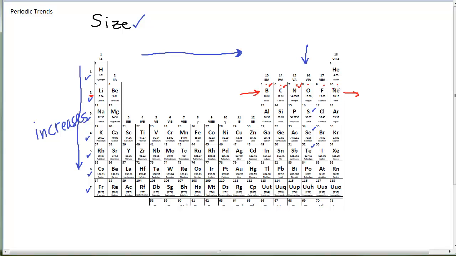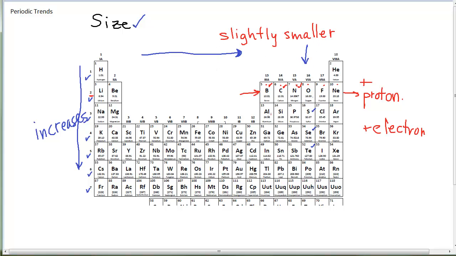As I'm adding those electrons into the 2p subshell, I'm also adding an additional proton at the center of the atom in the nucleus. So I increase the protons at the same time that I'm increasing the number of electrons. One more proton, one more electron as I move left to right. The net effect of this is that the atoms actually get slightly smaller.